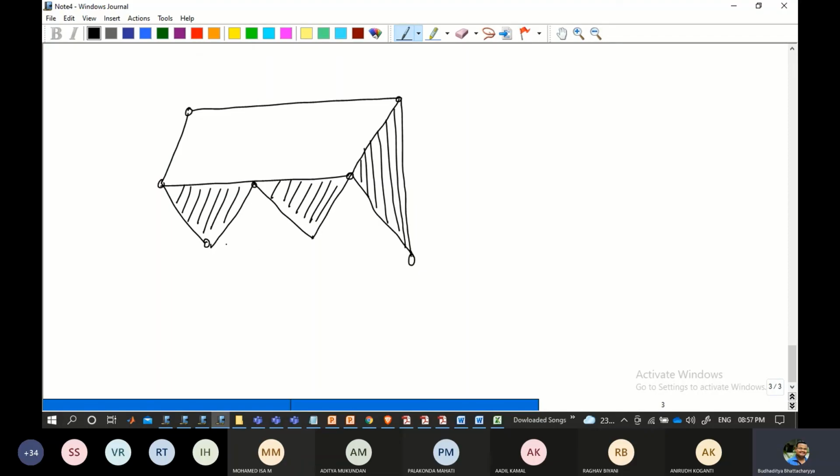This is again connected in this nature, and this is also connected the same way, and this is again the same structure. Suppose this is the mechanism given to you. The question is to find out the degrees of freedom. This is sample number 1.